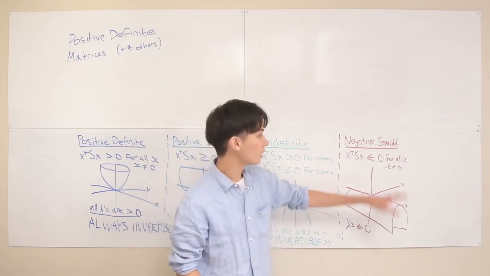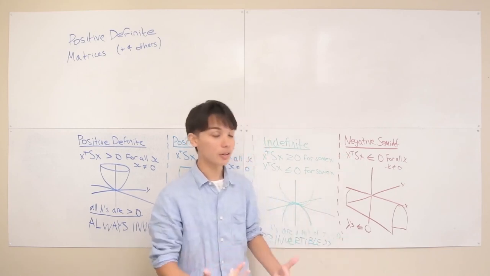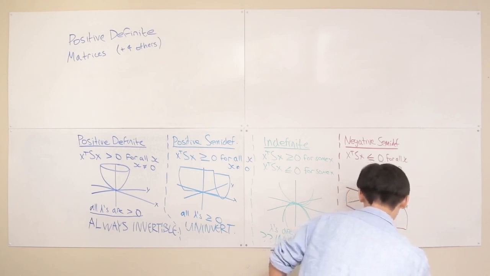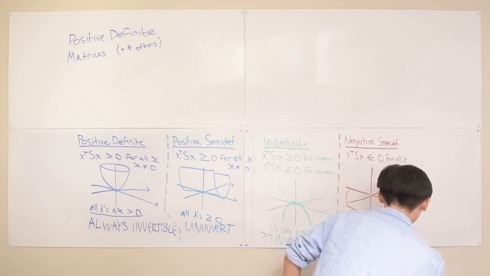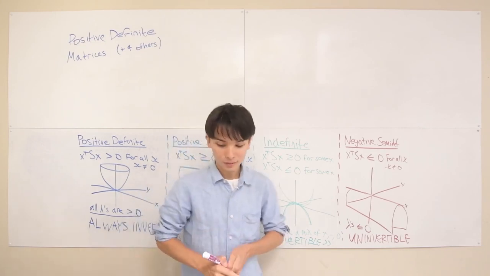So generally, negative semi-definite matrices, if you have some eigenvalue equal to 0, are uninvertible. What a weird word. Great. Okay, uninvertible.